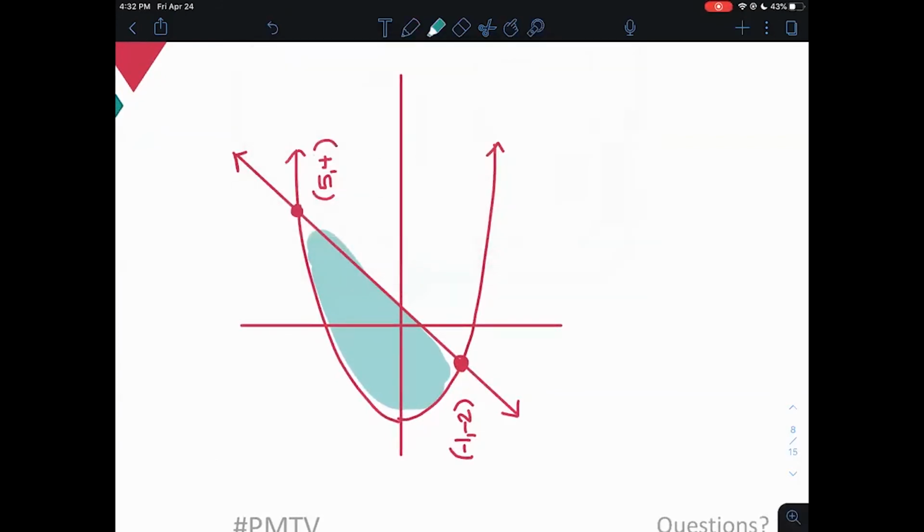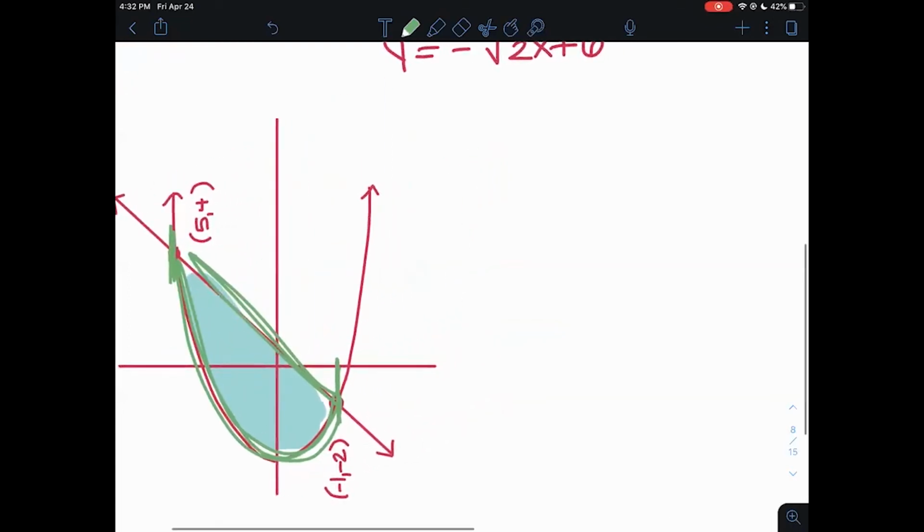When we flip or rotate this function, we have our upper curve as our linear function and our lower curve as this y squared function. And then I have a clear left bound and a clear right bound. So if I flip everything here into terms of y, I can integrate this using the upper curve minus the lower curve.